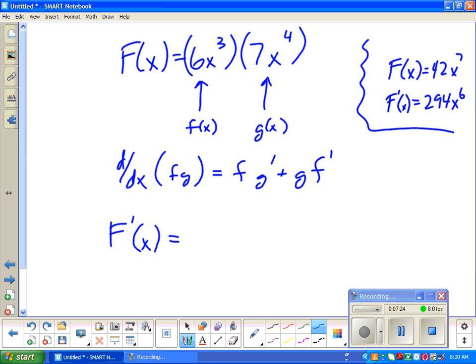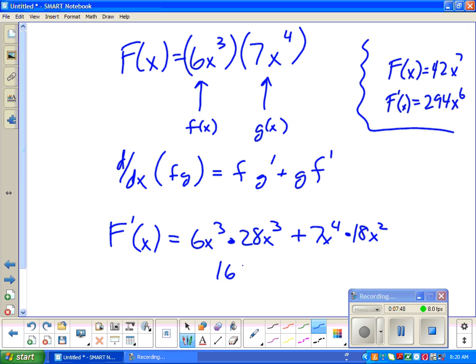Now, as I do the derivative of f of x, f prime of x, doing the product rule, does everybody agree when we look, f of x here was 6x cubed? What's the derivative of just the g part? 28x cubed, I agree. Plus, g of x is 7x^4. What's the derivative of just the f? All right. Now we do a little bit of math, which is always fun.